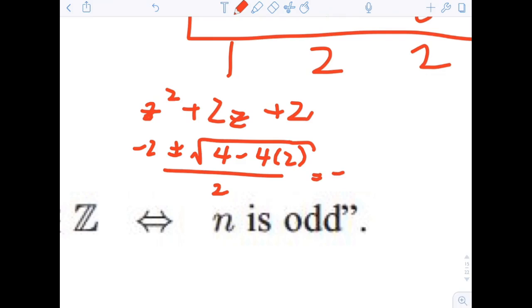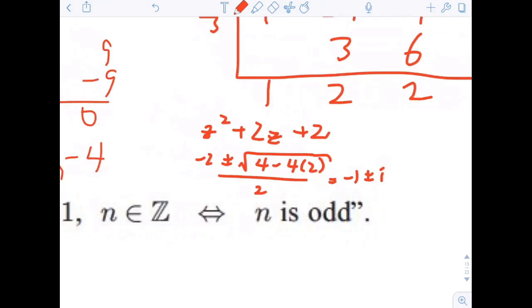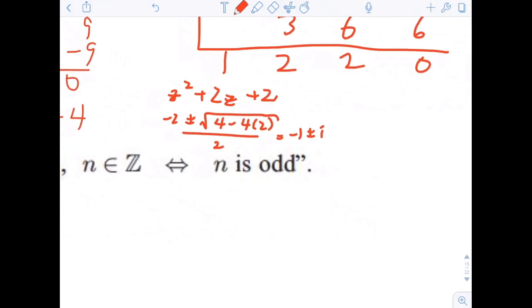So that would be negative 1 plus or minus the square root of 4 minus 8, which would be negative 4, so plus or minus 2i divided by 2, which is i. So there are two zeros, which are negative 1 plus or minus i.